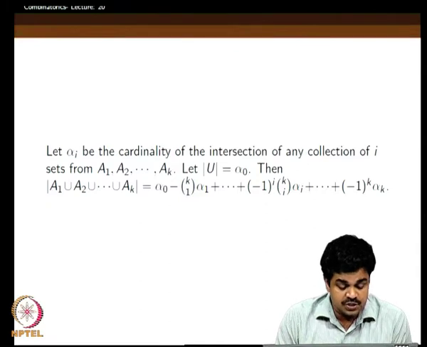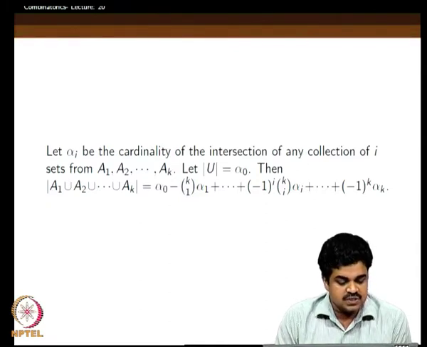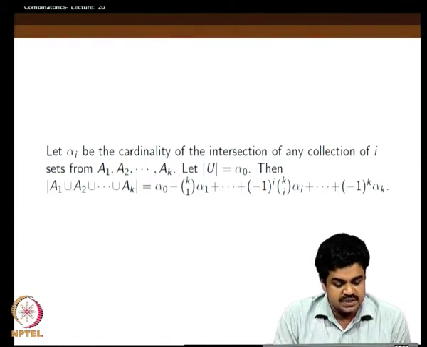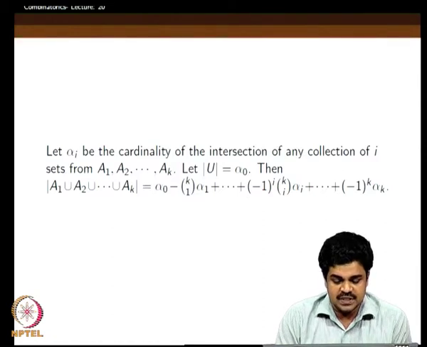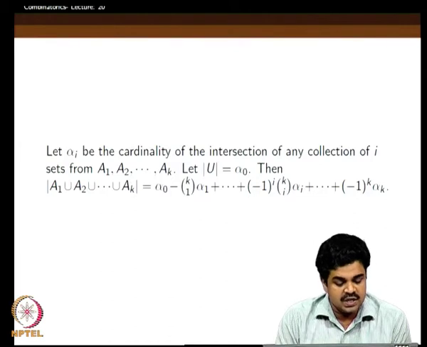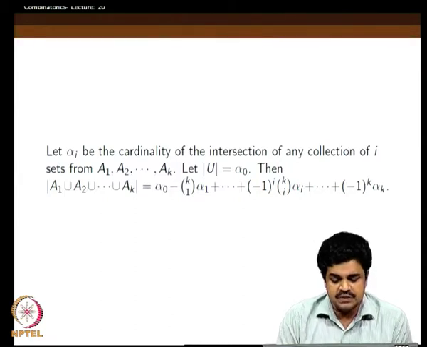For instance A_i and A_j, irrespective of which i and j, their intersection has cardinality alpha 2. And any triple, for instance i, j, k, A_i intersection A_j intersection A_k always has cardinality alpha 3, and so on. In that case the formula simplifies.